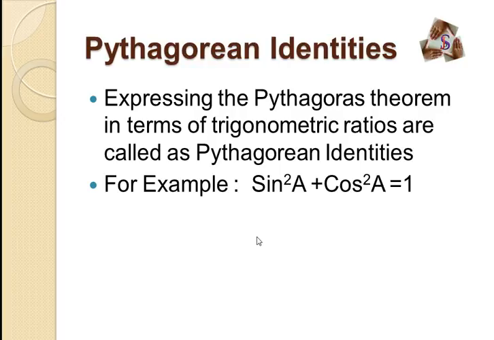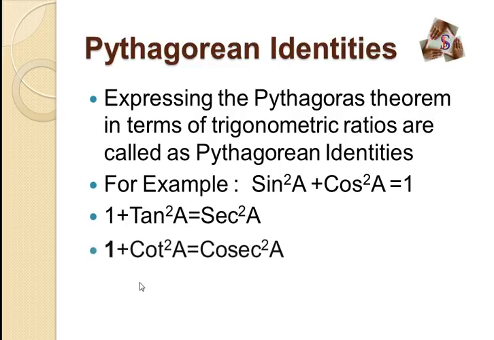And based on this, we have our other identities. 1 plus tan square A is equal to secant square A. 1 plus cot square A is equal to cosecant square A. All these three identities satisfy the Pythagoras theorem. And the Pythagoras theorem being satisfied with the usage of trigonometric ratios, hence it is called the Pythagorean identity.